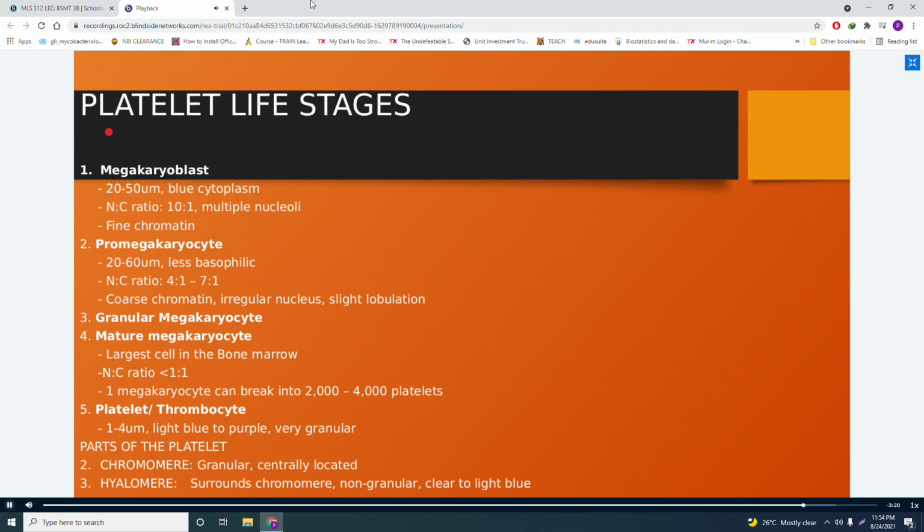Okay, class, let's go to the last topic, your platelet life stages. First, we have your megakaryoblast. Your megakaryoblast class has a size of 20 to 50 micrometer. It has a blue cytoplasm. It has a nucleus to cytoplasm ratio of 10:1.